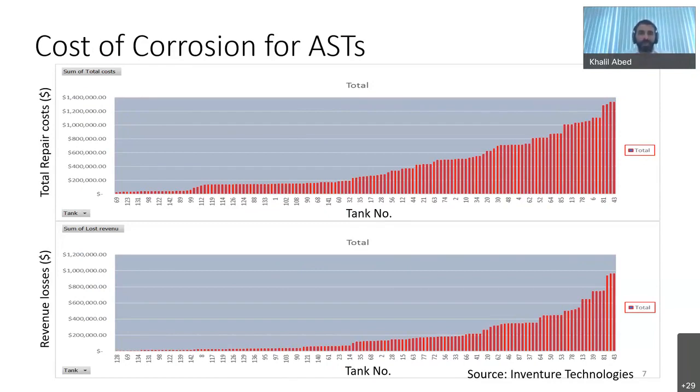For example, tank number 43, towards the end of the graph, cost the owner $1.3 million in repair costs, and almost $1 million because the tank was out of service for maintenance for the duration of the inspection.